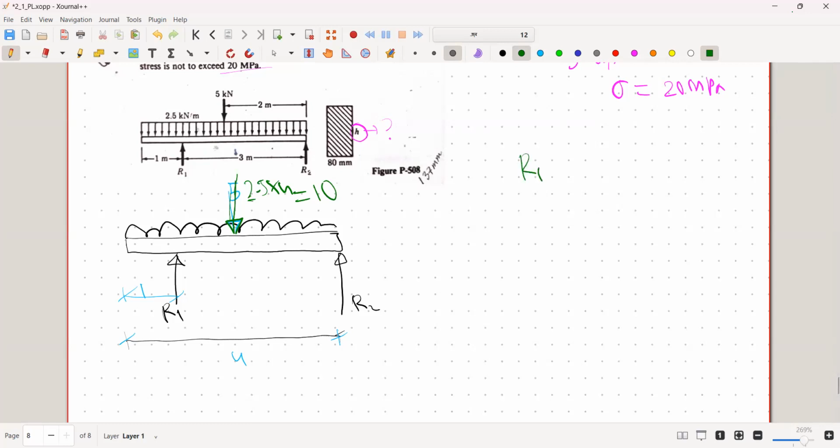So R1 plus R3 must be 10 plus 5, because the summation of forces must be 0.